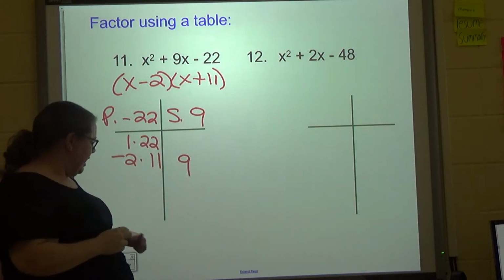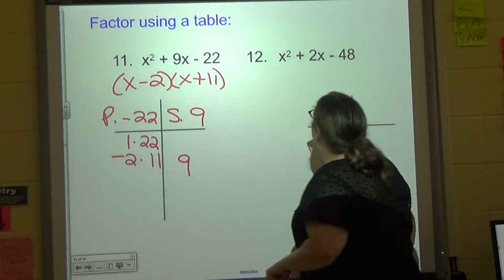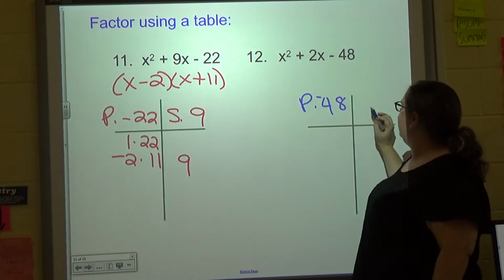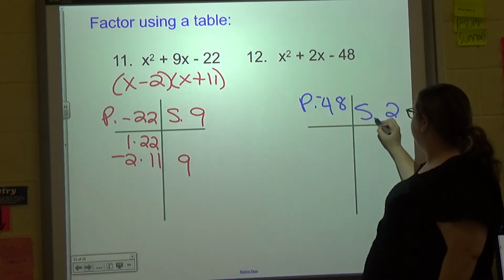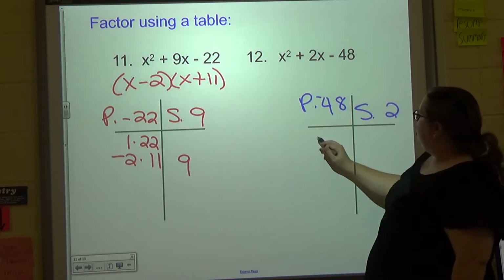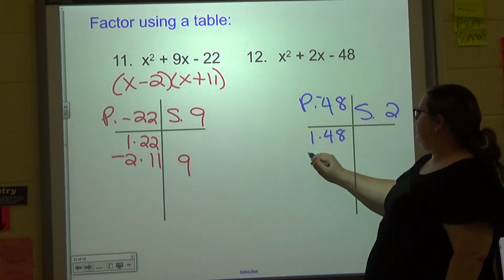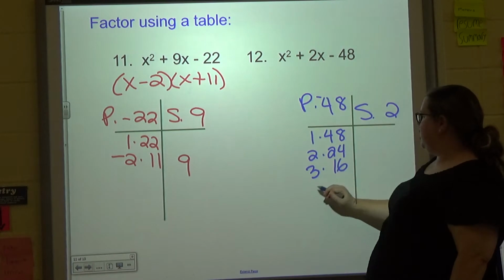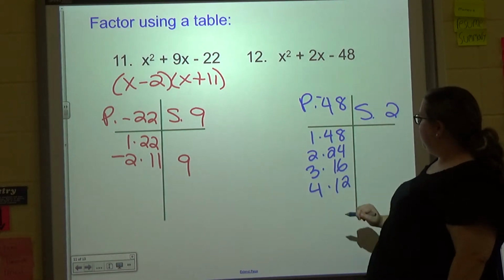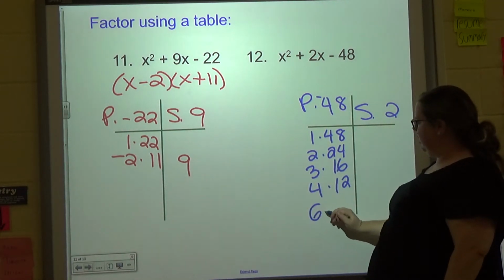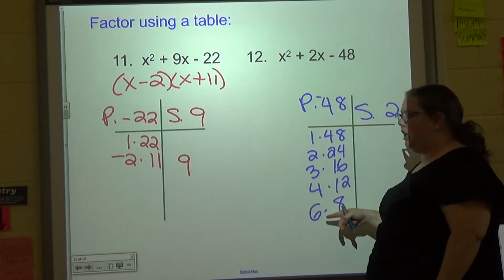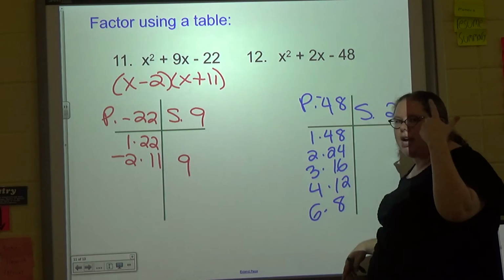All right, 48. Product is negative 48, sorry. And my sum is positive 2. So 1 times 48, 2 times 24, 3 times 16, 4 times 12, 5 doesn't work, and 6 times 8. And I know automatically when I have a negative, I'm really subtracting in my head.